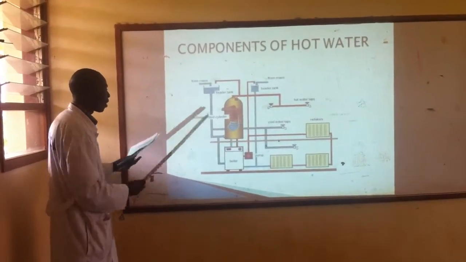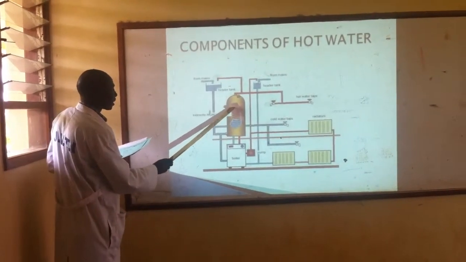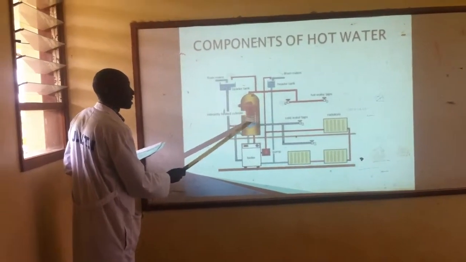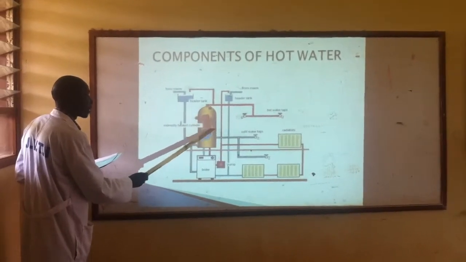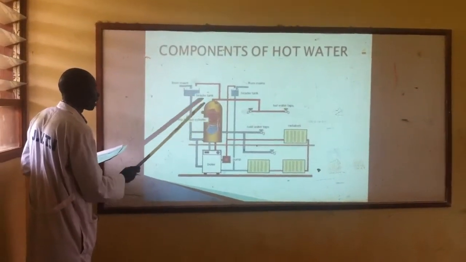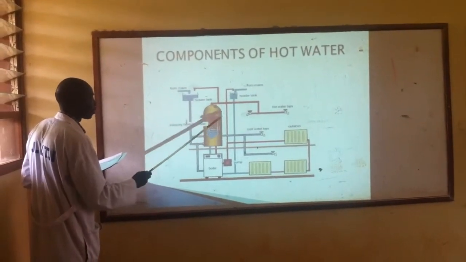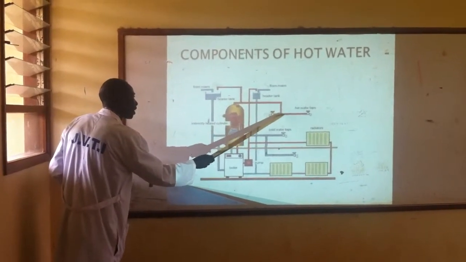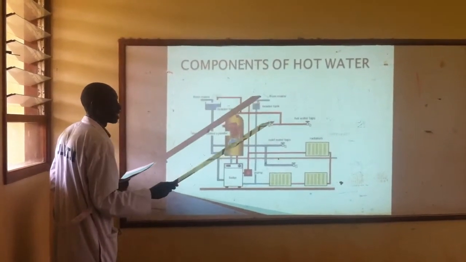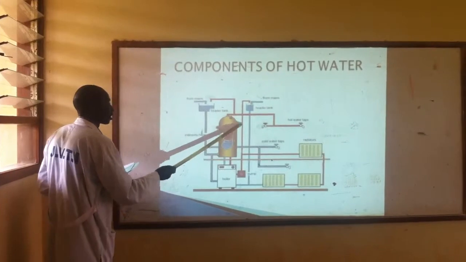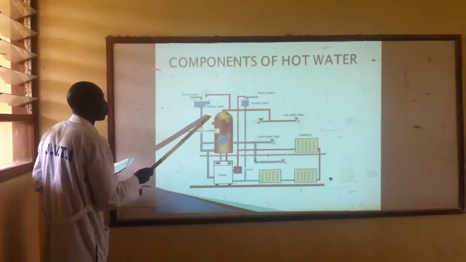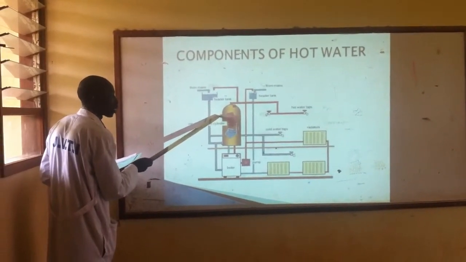Now, indirect cylinders have heating elements inside. It can be a coil where water passes, another saturation. If you want this to work indirectly, as secondary saturation, then you connect this pipe to this one.